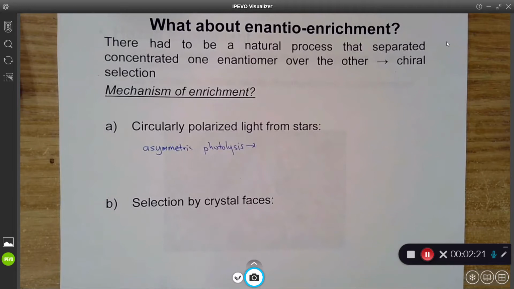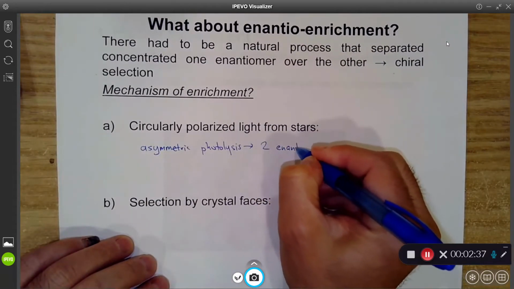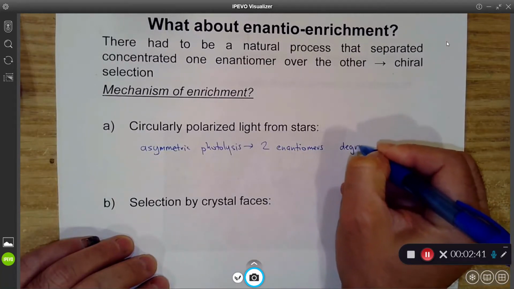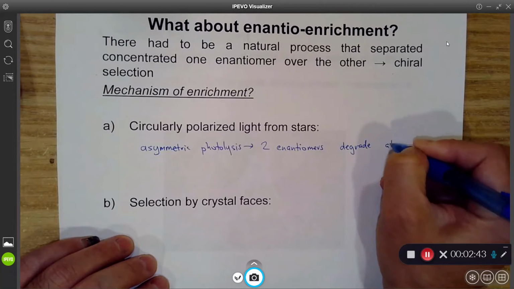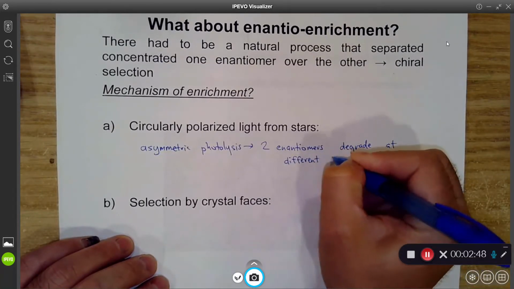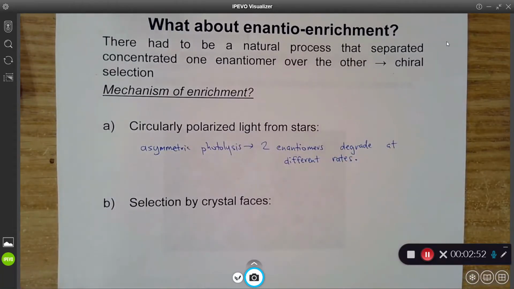So it's very possible that the L enantiomer, for whatever means, is perhaps stronger and will get degraded at a slower rate compared to D enantiomers. So the two enantiomers degrade at different rates. So that's one.